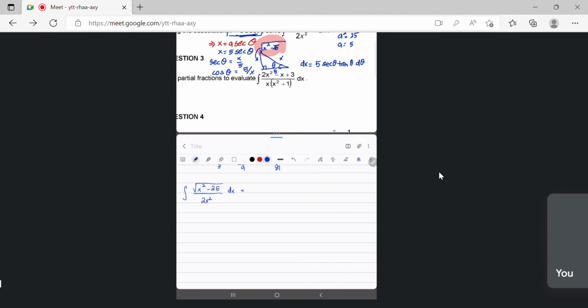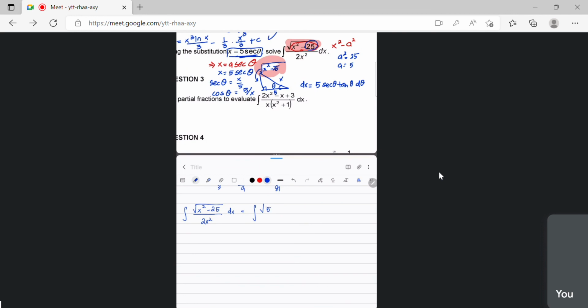Okay, so the next one, kita gantikan x dan juga dx. Okay, waktu nak salin balik, nak substitute ni, make sure you salin betul. So x kita adalah 5 secant theta squared minus 25 over 25 secant theta squared. Okay, dx kita adalah 5 secant theta tangent theta d theta.